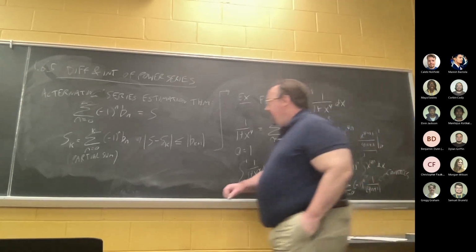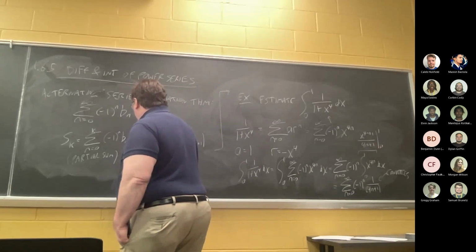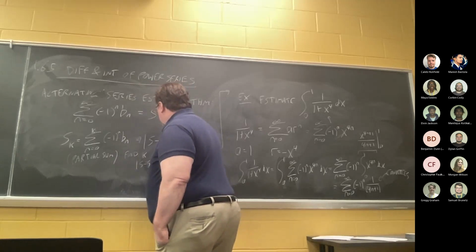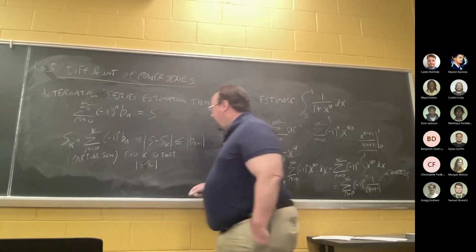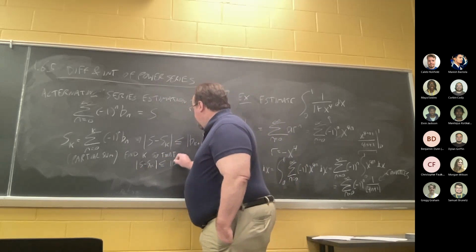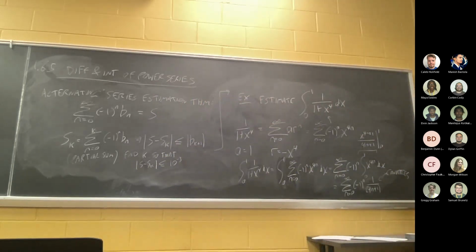So I want to find a value of k so that the error, the full sum minus the kth partial sum, is less than or equal to, let's say, 10 to the minus 3. And so I want to make sure I have 3 decimal places, regardless of how it's rounded.